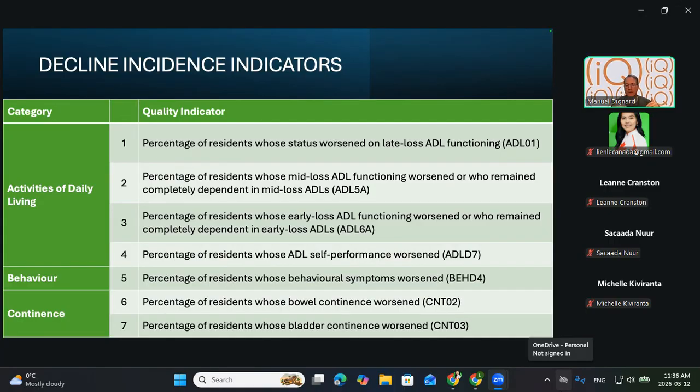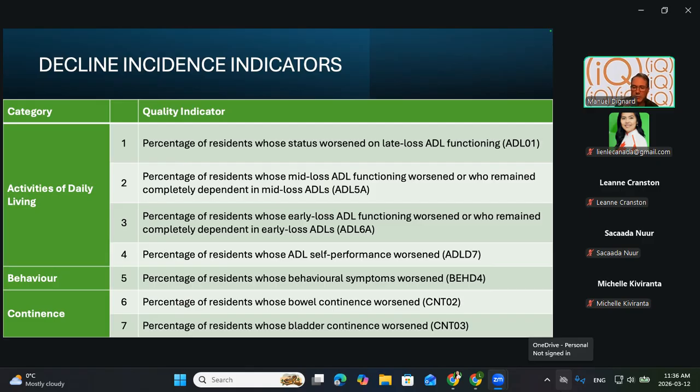Okay, so they are essential for quality monitoring, and help us ask the right questions. Are there preventable declines that we can mitigate? Are residents experiencing avoidable worsening, whether it's ADL, behavior, continence? How can the care plans be adjusted to address these risks proactively?